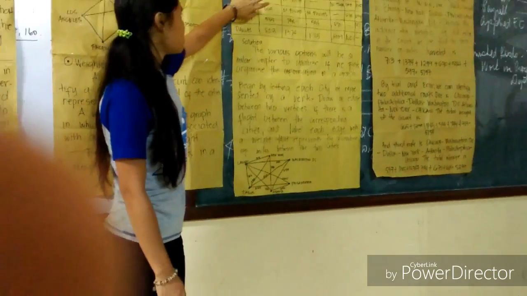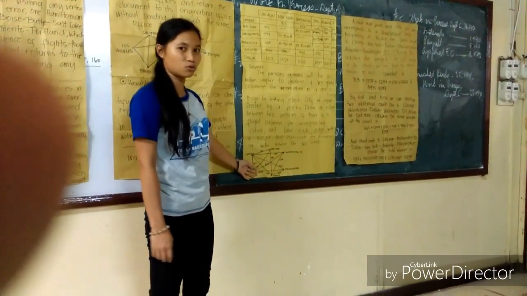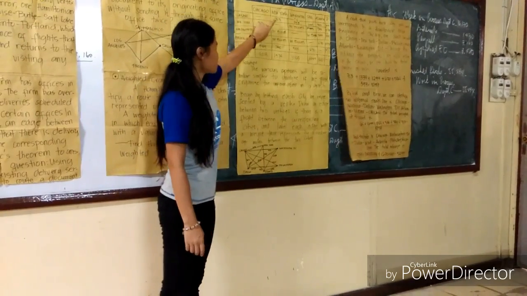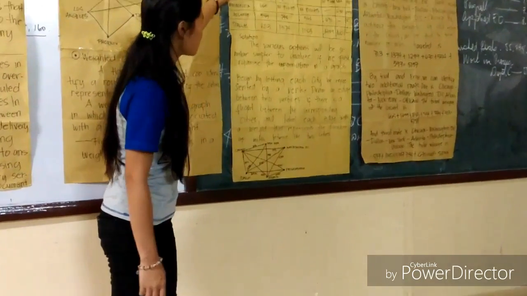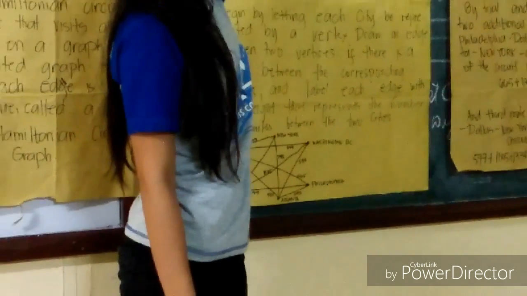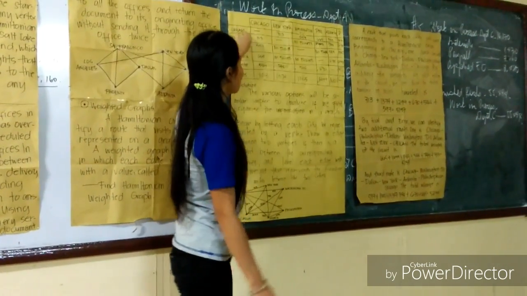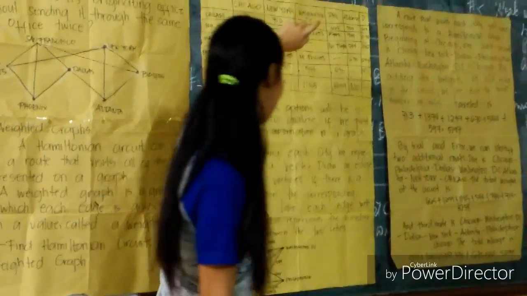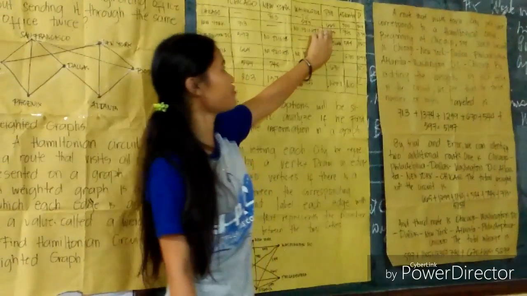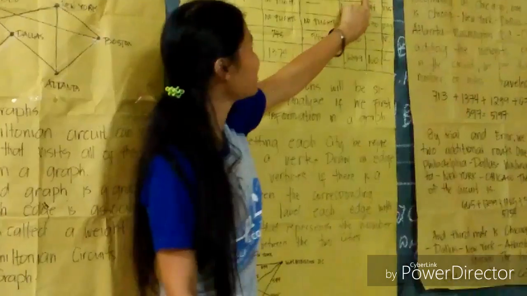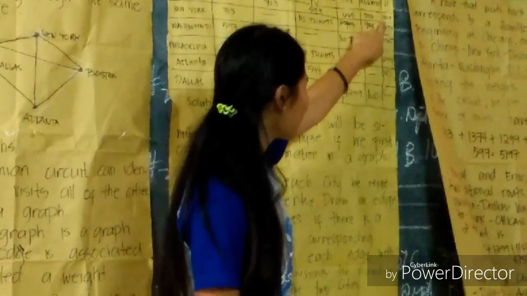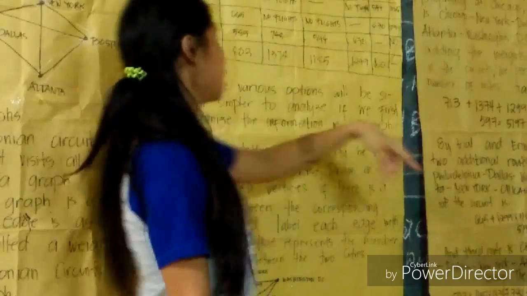So let us plot this. Chicago and New York 713, Chicago and Washington 597, Chicago and Philadelphia 665, Chicago to Atlanta 585, and then Chicago to Dallas 803.